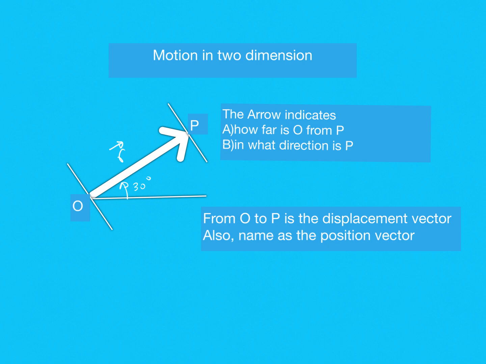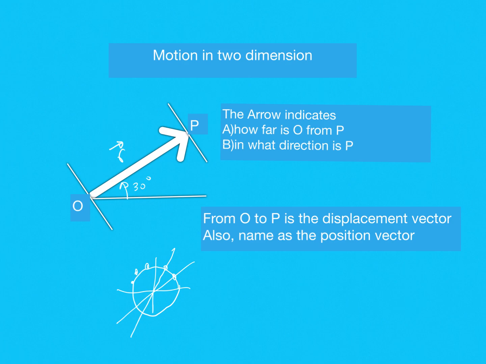Now, if I say that you are from the origin at 5 meters, you can be in any position around. You have infinite points to be at the distance 5 meters. So you have many possible directions to be at 5 meters.